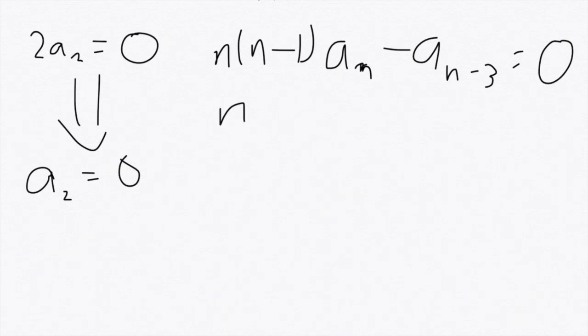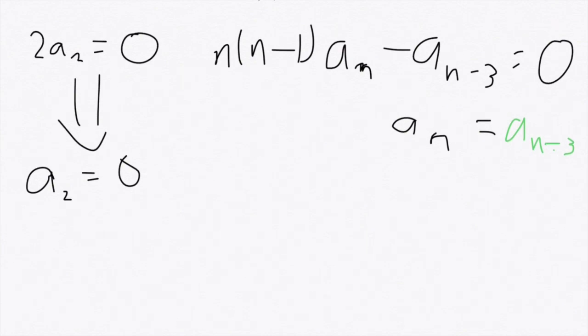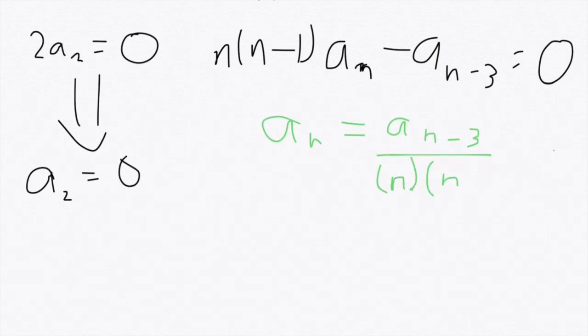So let's write n minus 1, a of n. We're going to subtract a of n minus 3 over to the other side, so it is equal to a of n minus 3. Then we're going to divide this over to get a of n is equal to a of n minus 3 over n minus 1.